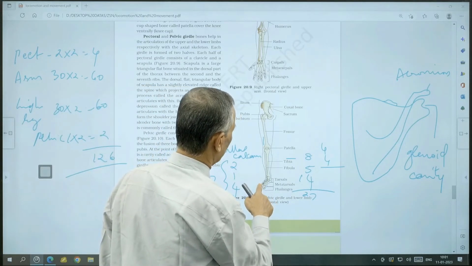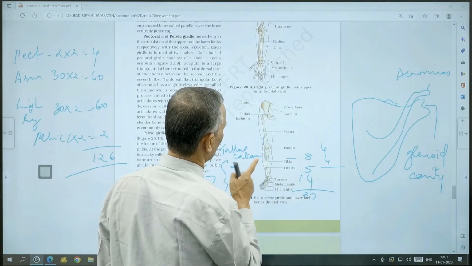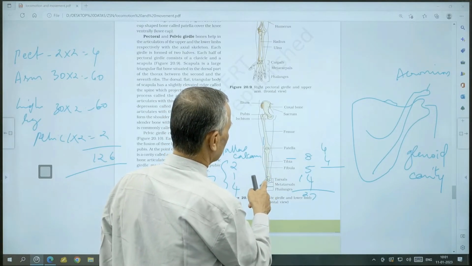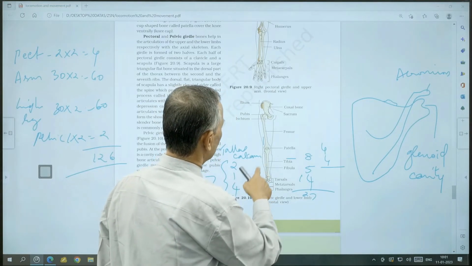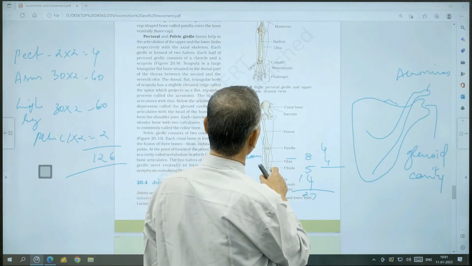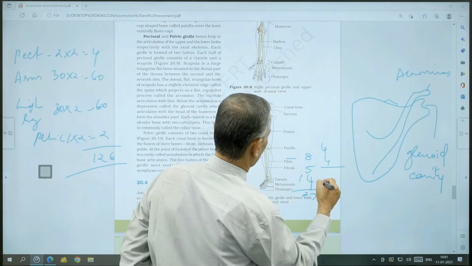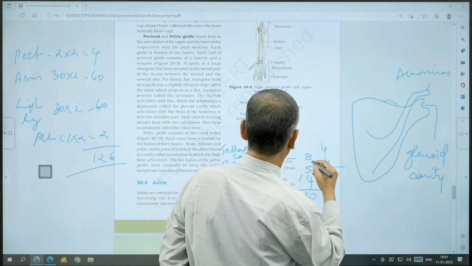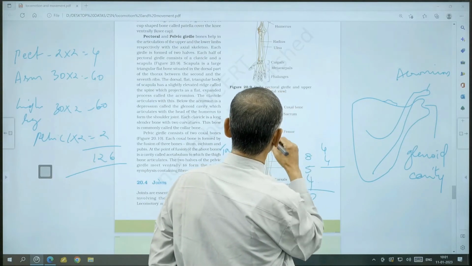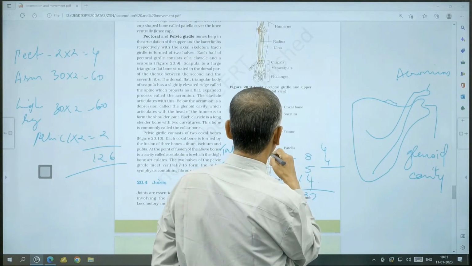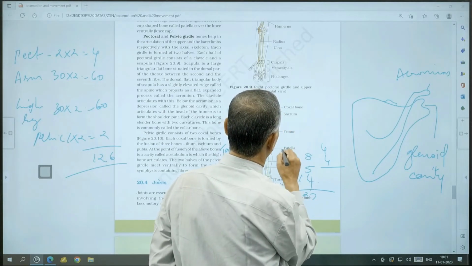That is, the first toe, the big toe, has only 2. All others have 3. So 14 plus 5, 19, plus 7, 26, plus 2, 28, plus 1, 29. So the last one is the patella.